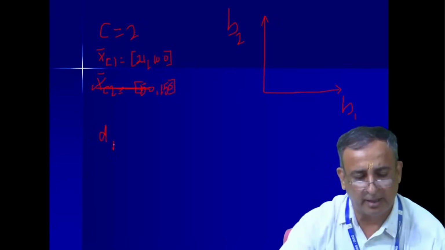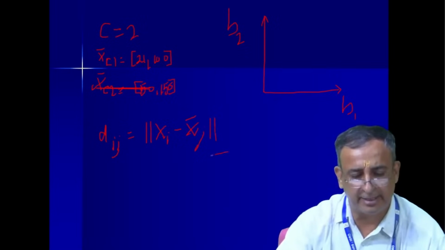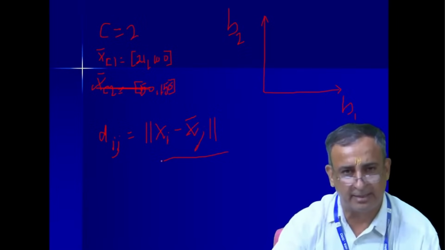If you say d for the ith pixel and jth class, d will be the modulus of xi minus xj bar. This is the distance equation, where xi is the unknown pixel and xj bar is the mean of the cluster. We have assumed means for cluster 1 and cluster 2.